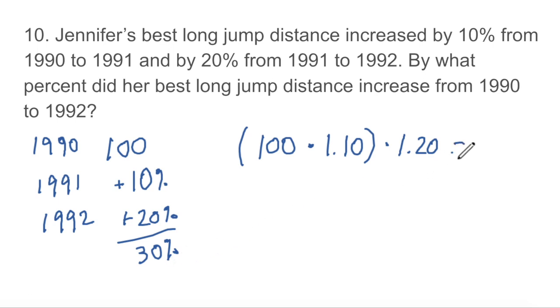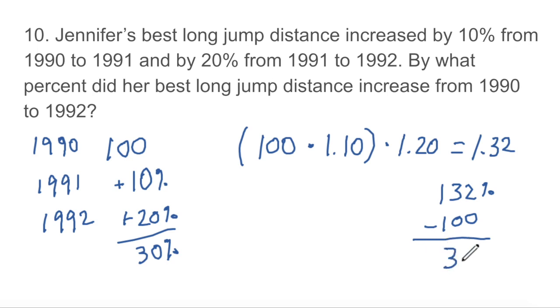We get 132%, or 1.32. In other words, if we convert this back to a percent, we get 132%. And if we take away the base year 100 that she started with, we get an increase of 32%. So she increased by 32%.